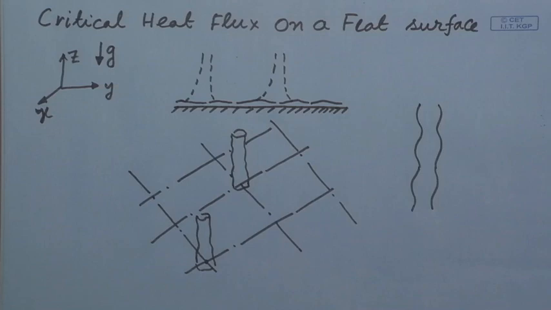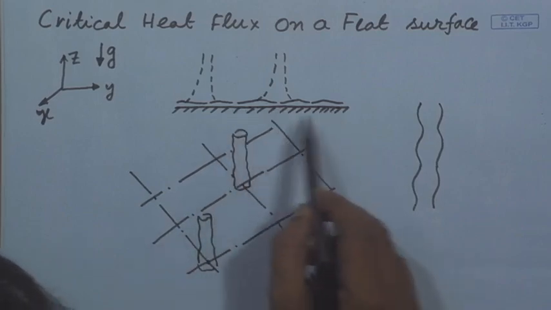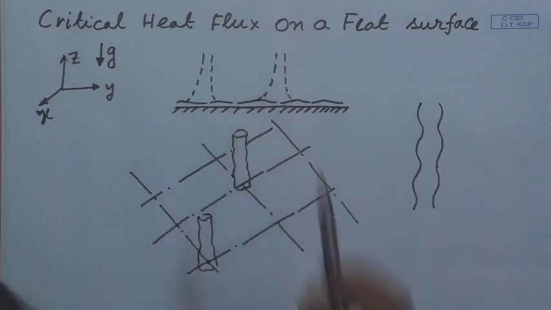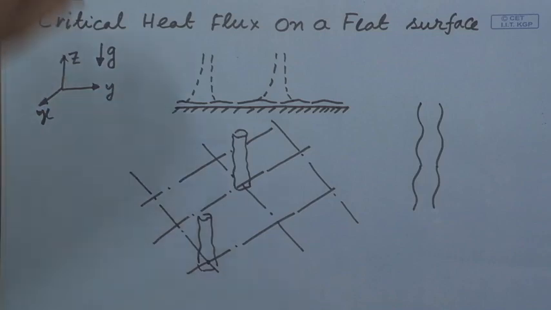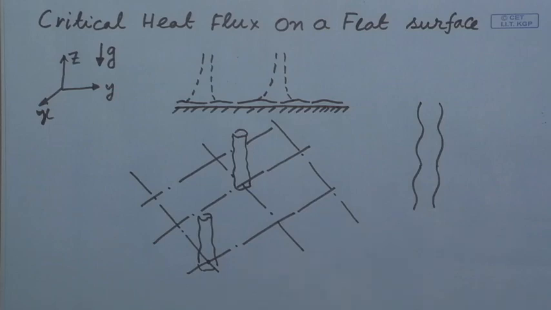So, you see there are two instabilities which are operational here. First, a low density fluid, that is the vapor, is attached to the surface, and above it there is a high density fluid, that is the liquid. So, it gives rise to an instability which is known as Taylor instability. On the other hand, the vapor jets are moving in the upward direction, so they will have a relatively high velocity compared to the surrounding liquid.